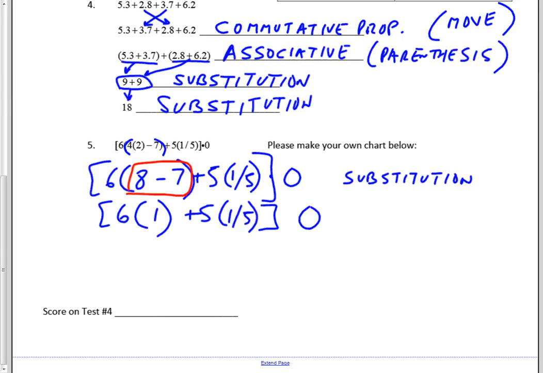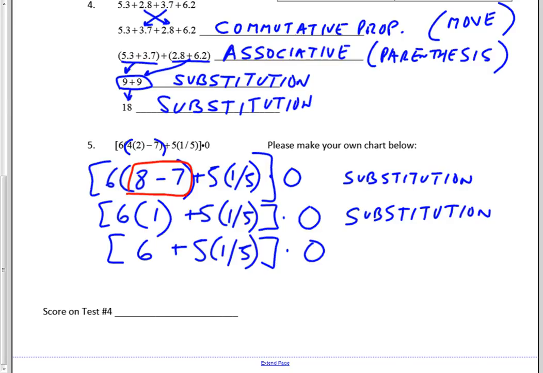What do we call it when we take 8 minus 7 and make a 1? Substitution. Don't overthink this. Substitution is the one you're using most often. It's sort of our general property. Now, what do you want to do? 6 times 1. Anytime a 1 shows up in the operation, chances are something's happening.